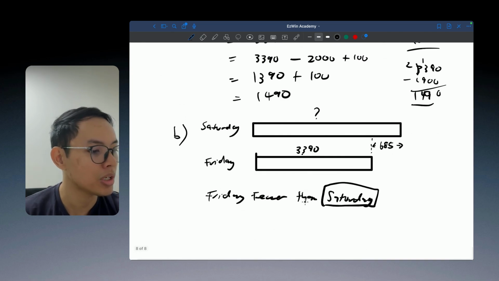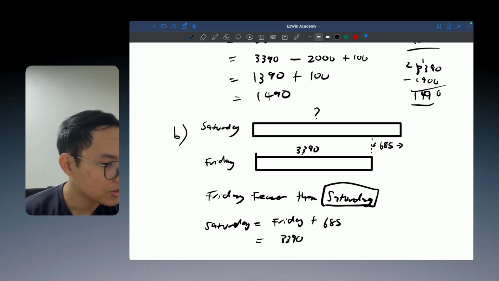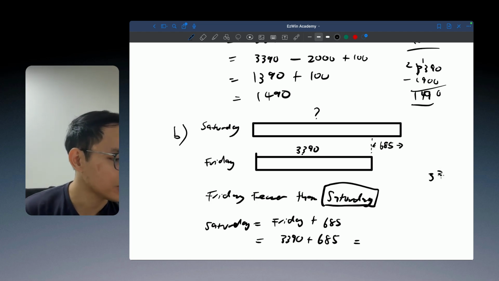If you draw this out well, then the only way is Saturday equals Friday plus 685. Then you can put 3,390 plus 685. Make sure you put the numbers correctly.